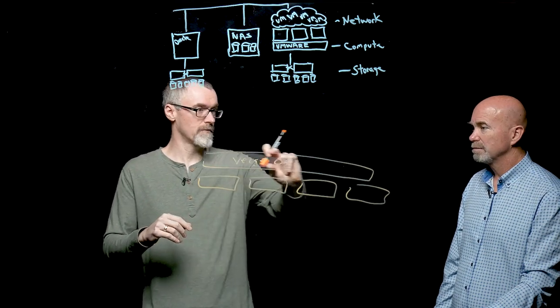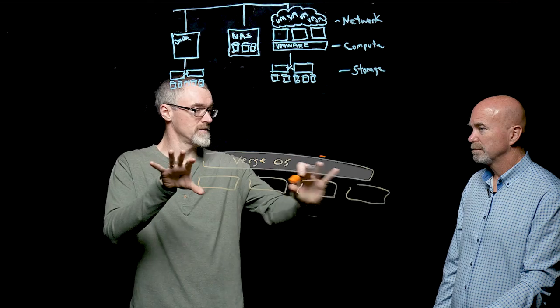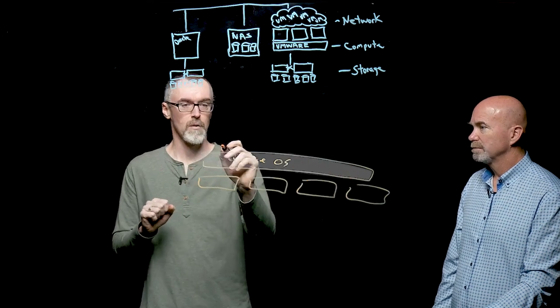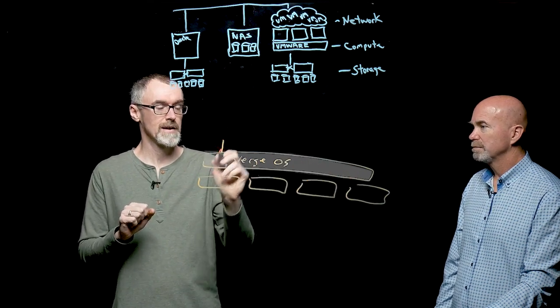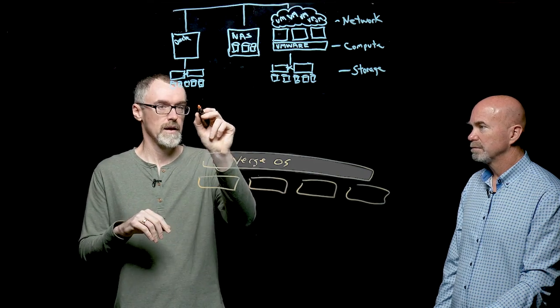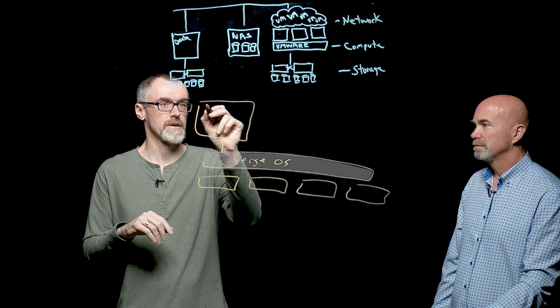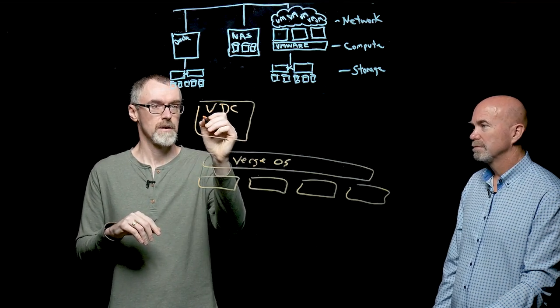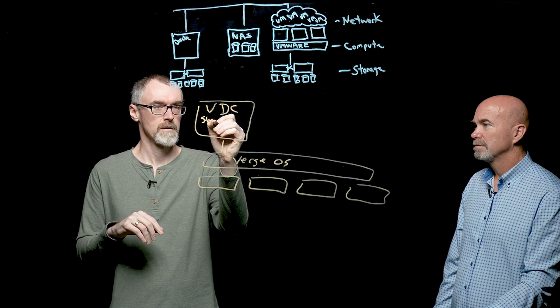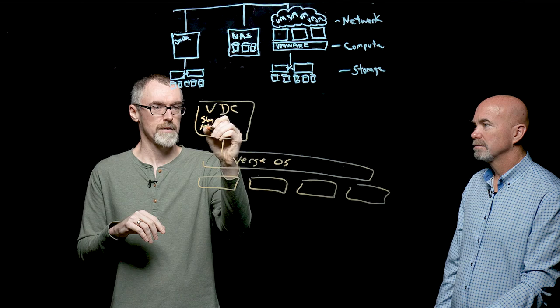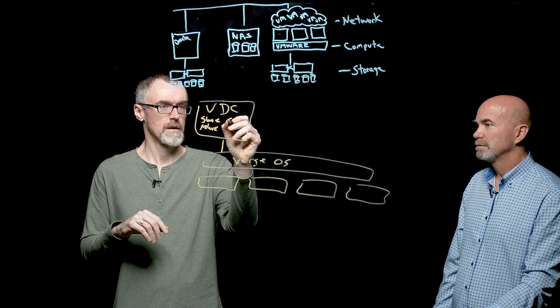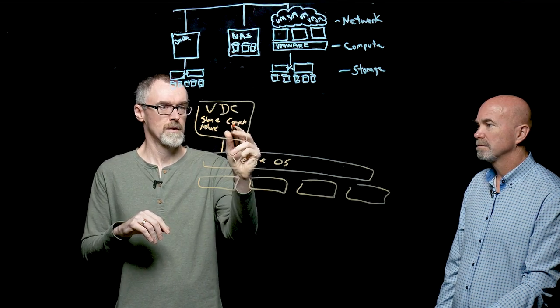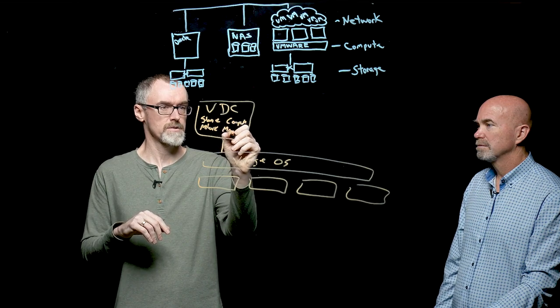Right. So now that I have this operating system running and I have this pool of resources, what I'm now going to do is spin up not a VM, but a virtual data center. Now this virtual data center has all of the storage. It has all of the networking. It has the compute, and it's got all of our management layers.